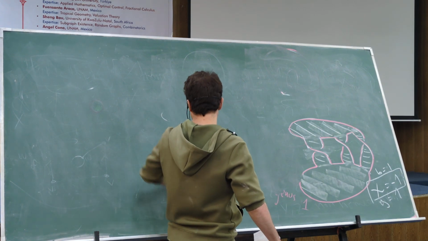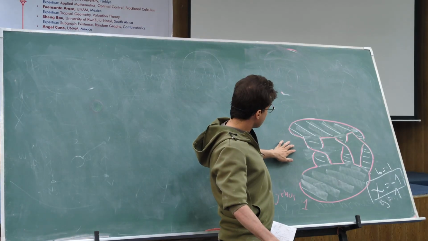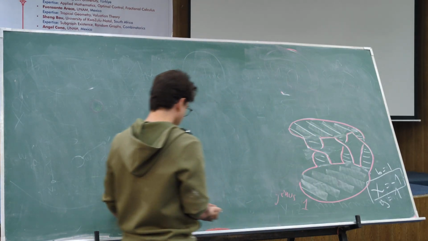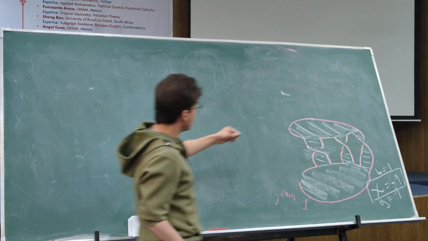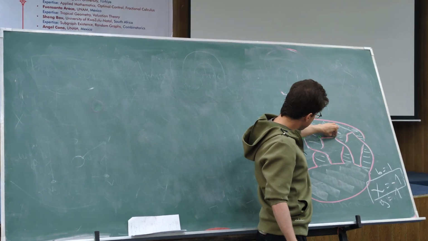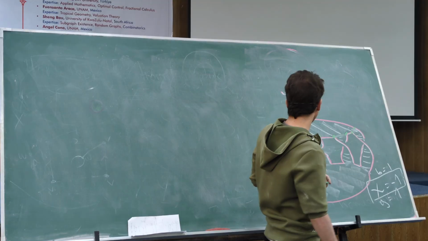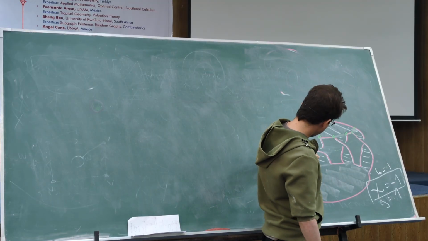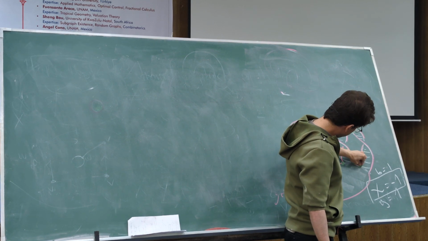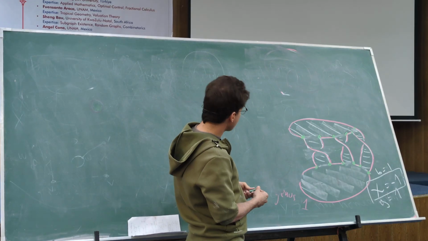We need to make some graph on this space such that when we cut, we obtain a disk. So the best graph is, let's take this vertex, vertex, vertex, vertex, vertex, vertex, and here 2. All of that are vertices.